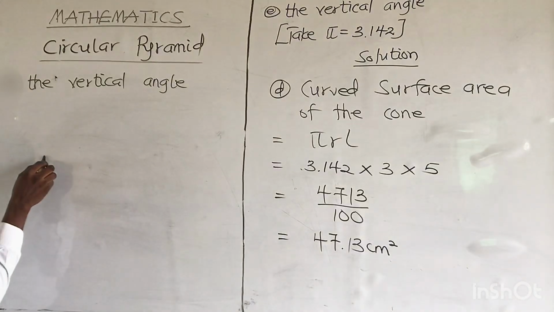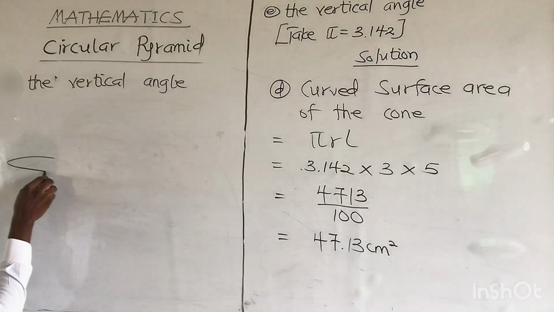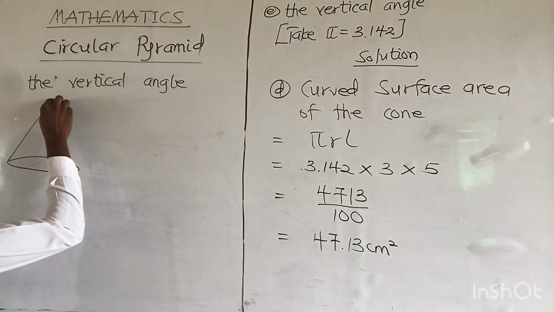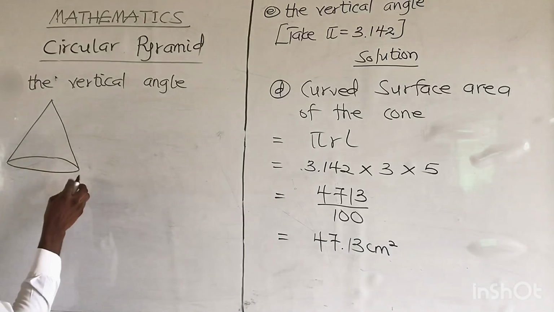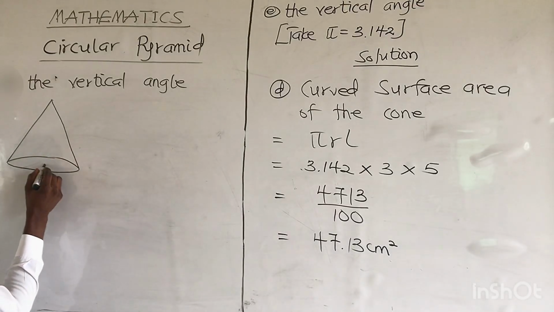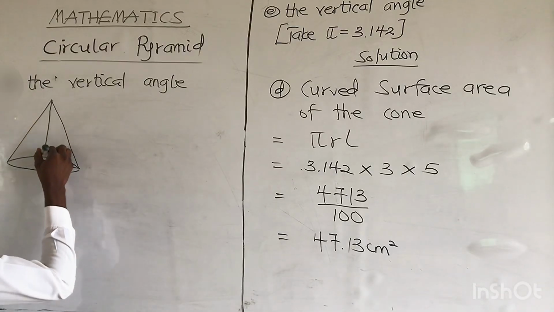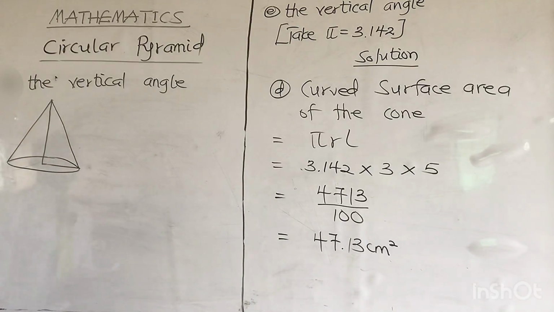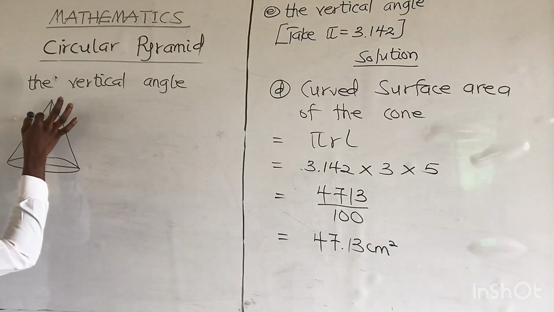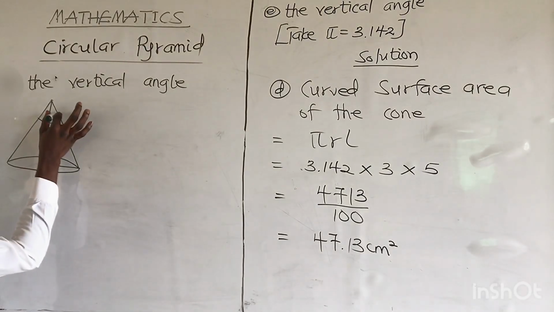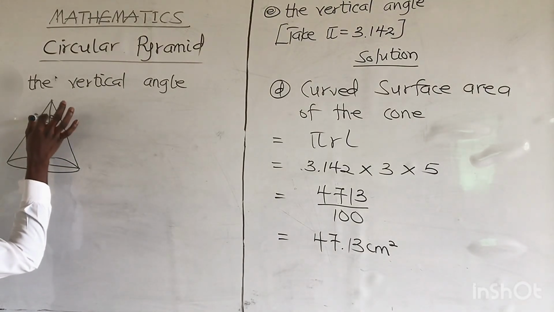So with a vertical angle, all right, so the vertical angle is this whole part. So I'll name here alpha, and this side will also be alpha.